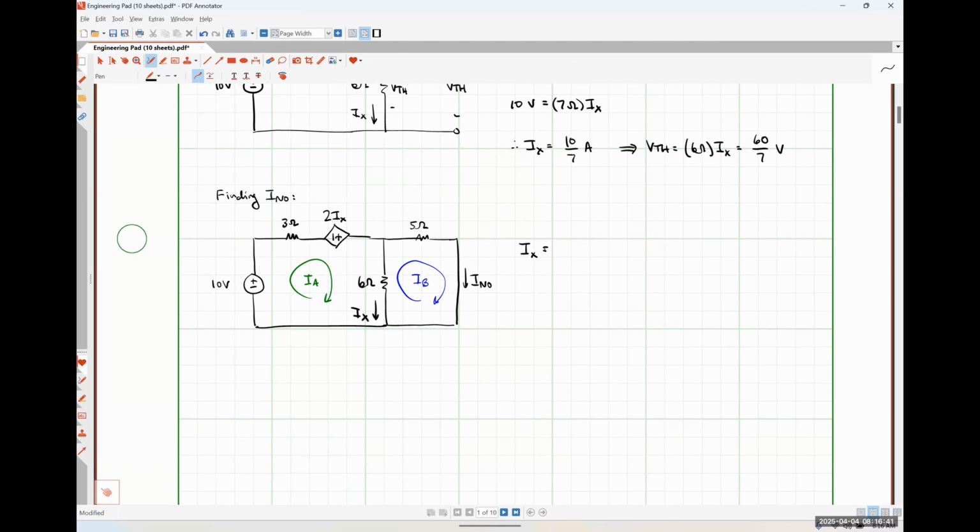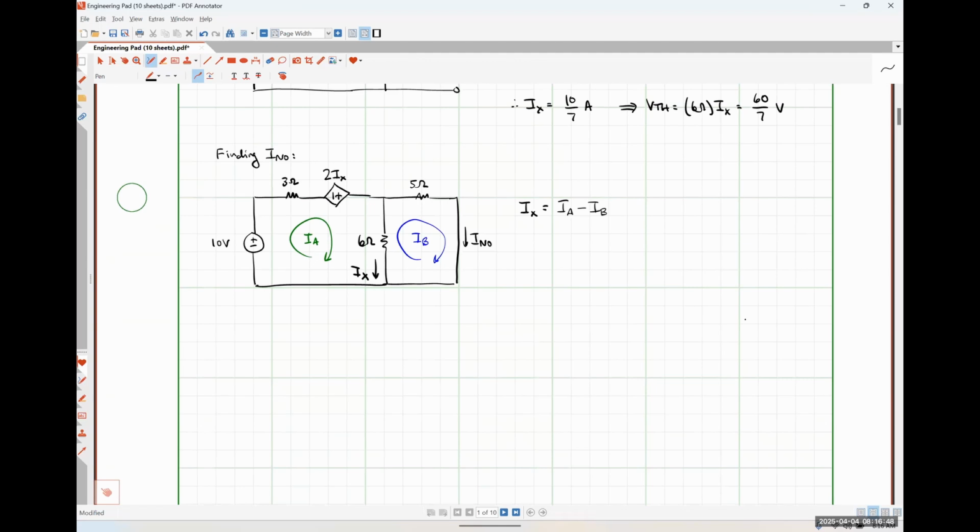IA minus IB. Okay. I don't have any current sources, so I won't have any current relationship equations, nor will I have any super meshes to deal with. So I think I'm just left to write a KVL equation around mesh A and a KVL equation around mesh B.